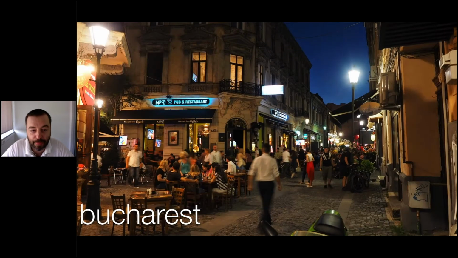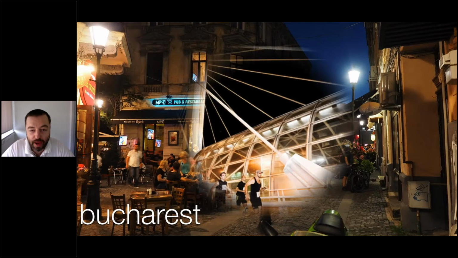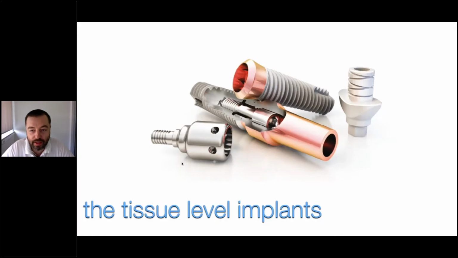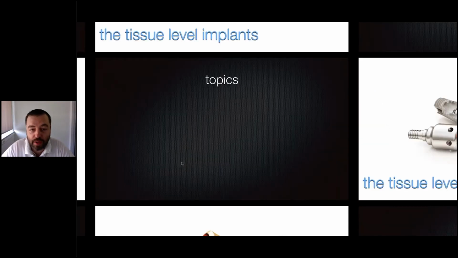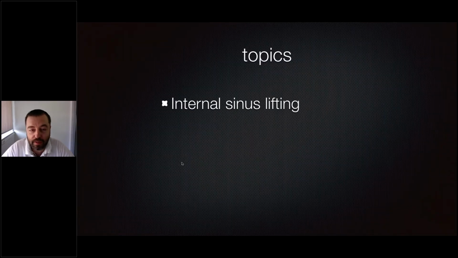dentistry, for example. Now, going back to our love that started more than 10 years ago with the tissue level, when we switched from bone level to tissue level implants. The topics for today are going to be some words on internal sinus lifting with a minimally invasive approach with this type of tissue level implants.